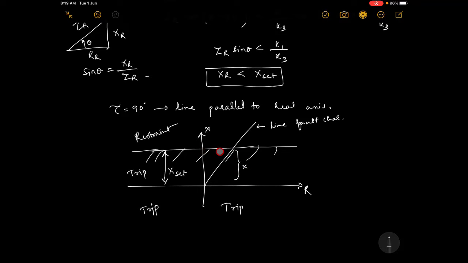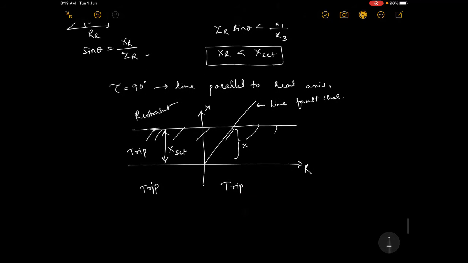But the disadvantage is it doesn't have any directional feature. So why is it used then? To overcome the arc resistance. So the problem of arc resistance is overcome by reactance relay. The directional feature is overcome in Mho relay, which we are going to see in this video.